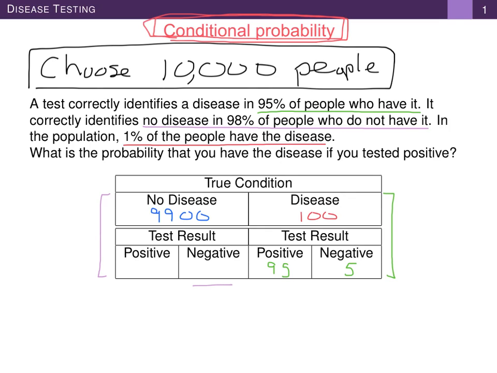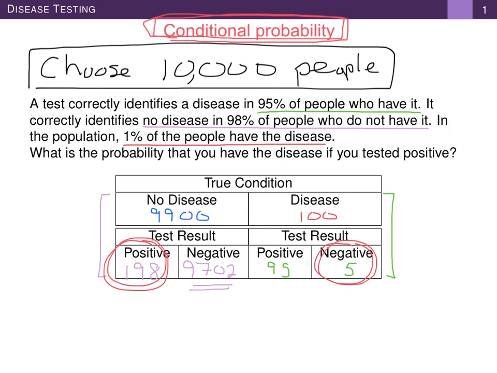So that's this guy right down here. 98% of 9,900 is 9,702, leaving me 198 people who are going to actually test positive. So these people right here, this is a scary zone, and this is a scary zone.